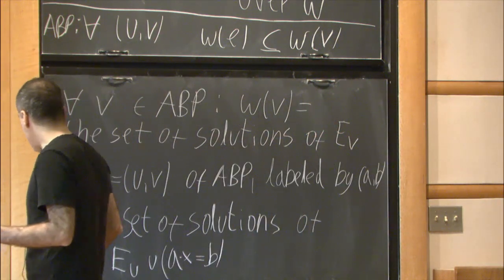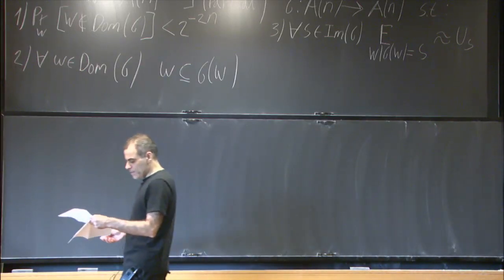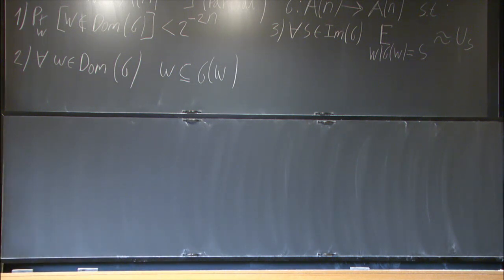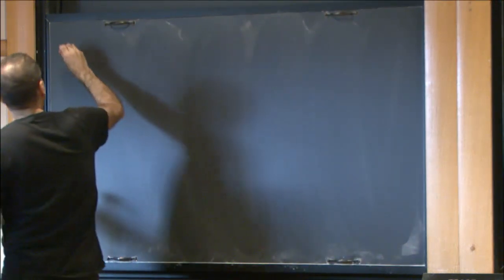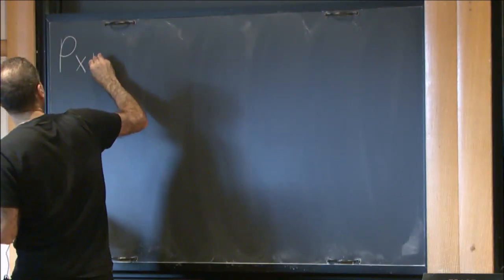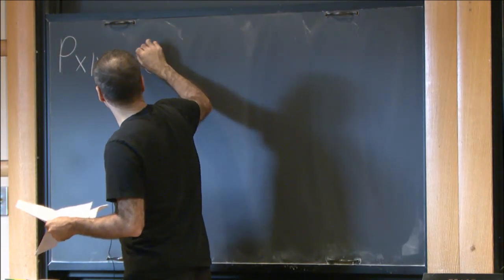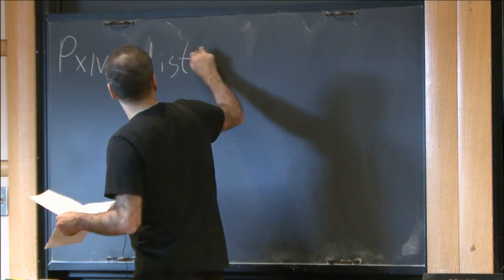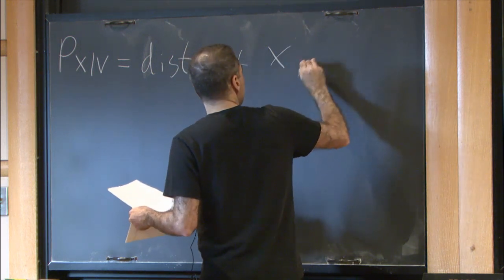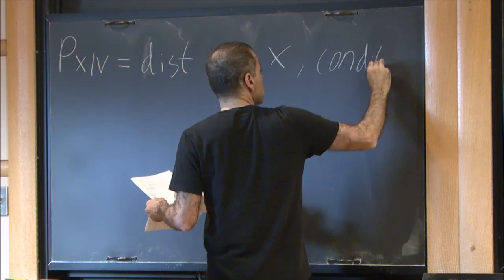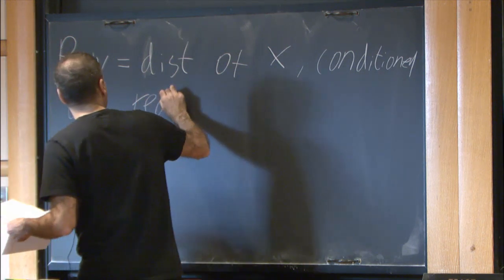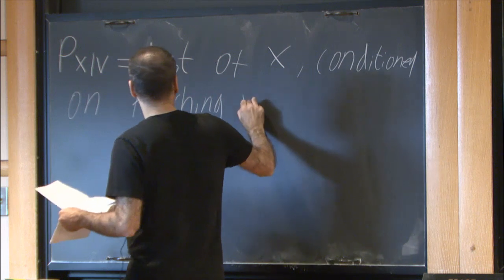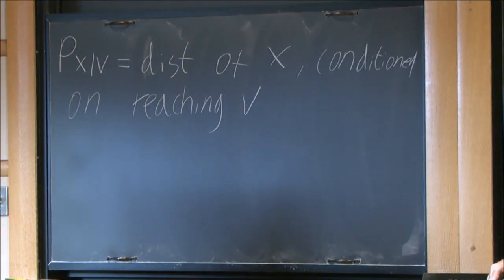When we have a branching program, we can define, maybe I will write this also here as a definition, the distribution of X conditioned on V, which is the distribution of the input X conditioned on the event that the computation path reached the vertex V. For any branching program, you can define that.